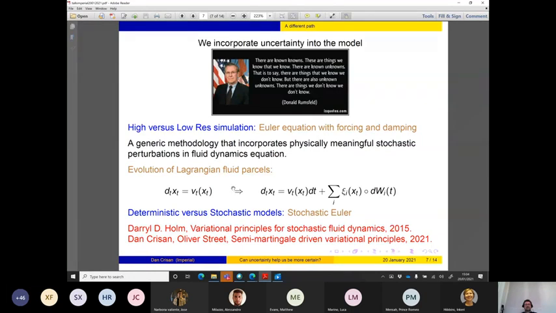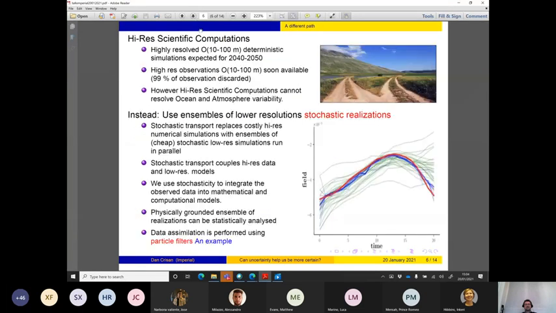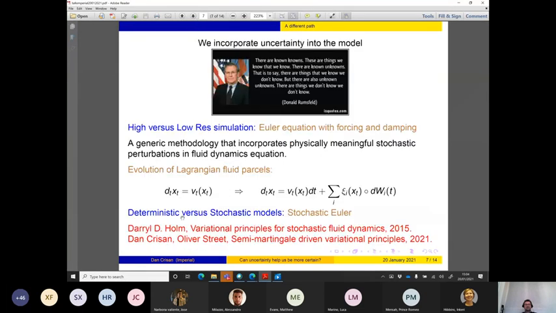Well, rather than just taking the PDE and blindly adding some stochastic term to the PDE, let's think about what's happening in there. So, in the simulation, you have loads and loads of particles of fluid. That's what they are, particles of fluid that evolve according to the velocity field, right? And this is sort of an ODE.